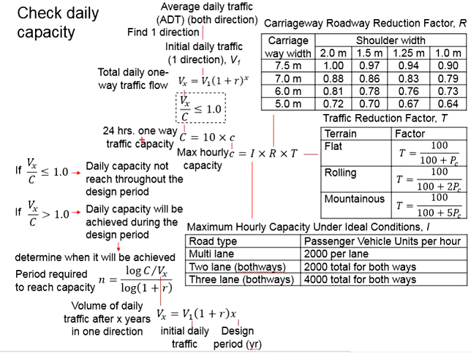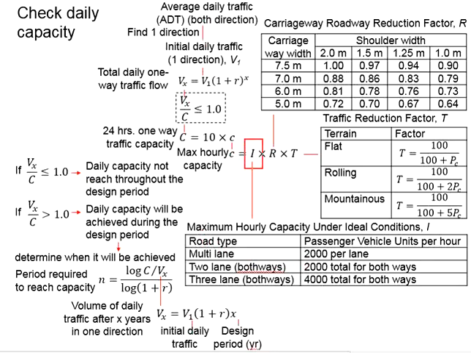And we are talking about the daily capacity for both volume and the capacity. Now, the daily capacity representing 24 hours will be considered as 10 times the maximum hourly capacity. Therefore, we will need to first determine the maximum hourly capacity. There are three components here.